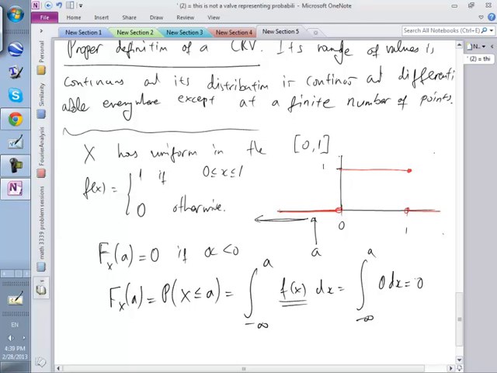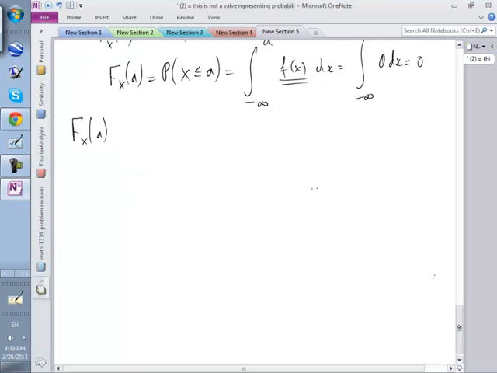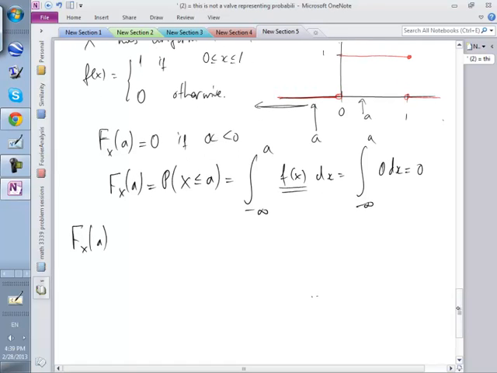All right? Now let's look if a is between 0 and 1. Let's put a here. Let's keep the graph. So this is the integral from negative infinity all the way to a again of the density.